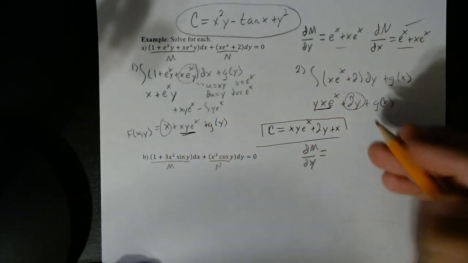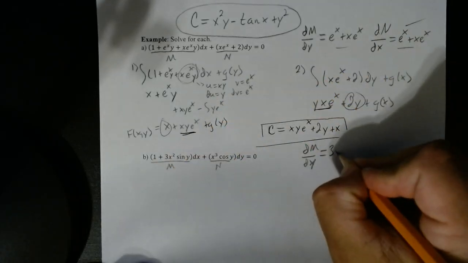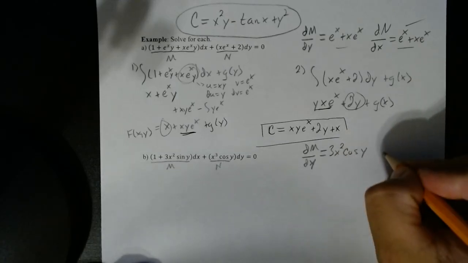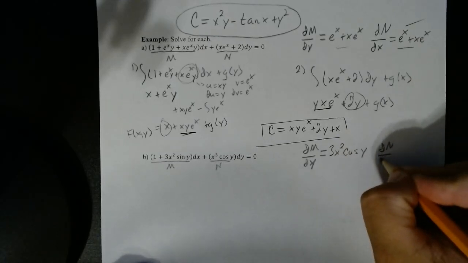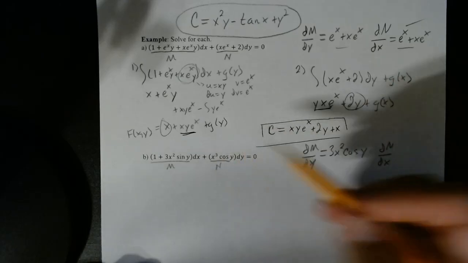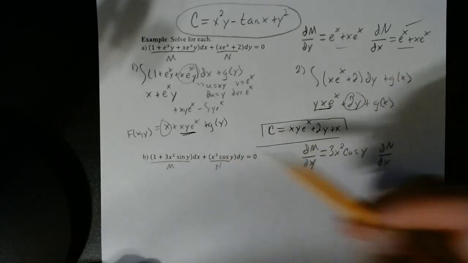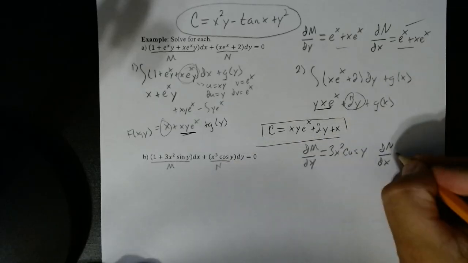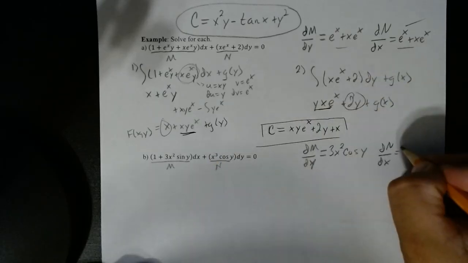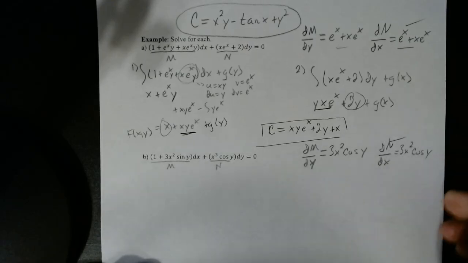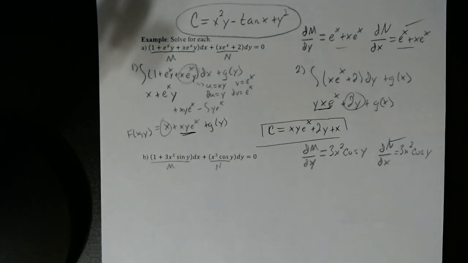Derivative of sine should be positive cosine. So here, with respect to x, this stays the same. So it'll just be 3 x squared cosine y, and they both work. So check.